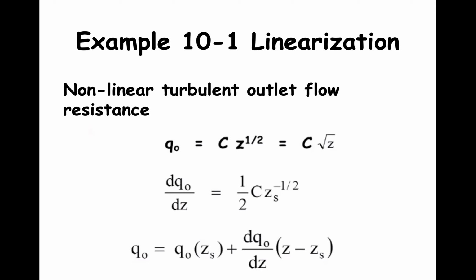As we did with the uncertainty analysis, we will use only the first derivative terms in the Taylor series expansion. So for this case, the Taylor series expansion of the outlet flow will be Q0 equals Q0 of Zs plus dQ0 over dZ times Z minus Zs.